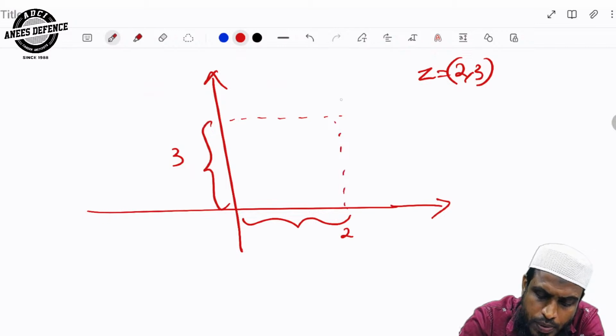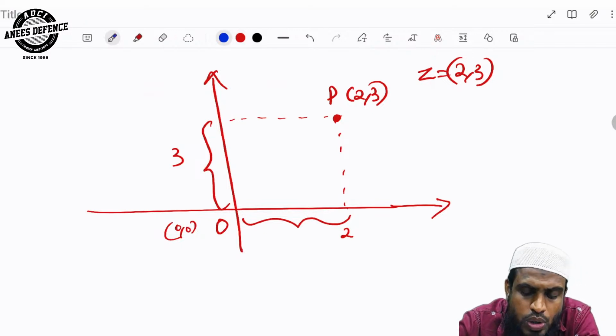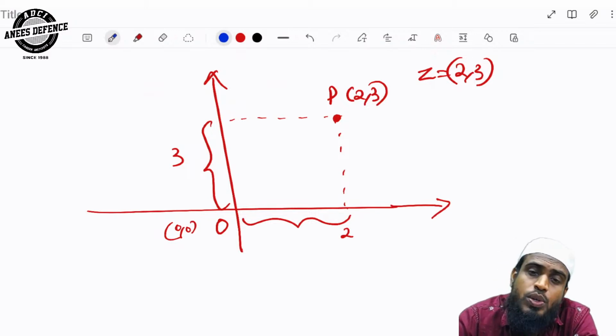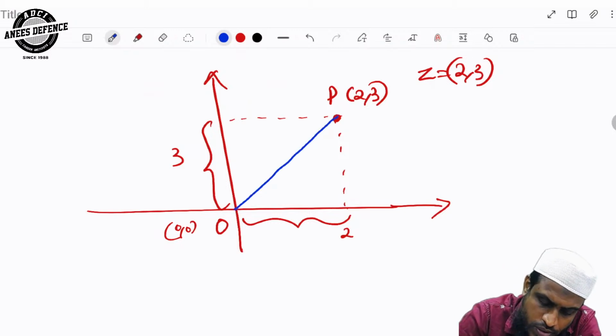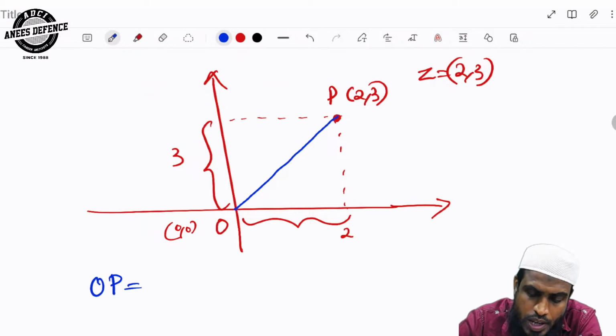This point can be represented as P, that is (2, 3). This other point is actually the origin. So modulus of z means the length of the point, the distance of the point from the origin. So it is the length of OP.